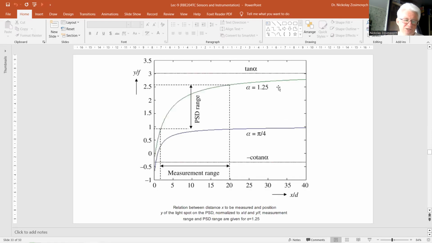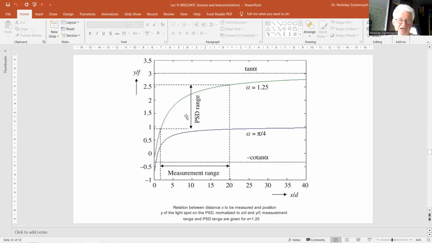And this figure shows the effect of the parameter alpha on the range and on the transfer characteristic. The horizontal lines, cotangent alpha and tangent alpha, represent the values for x equal to 0 and x becomes infinity, respectively, in this case for alpha equals 1.25 radian.